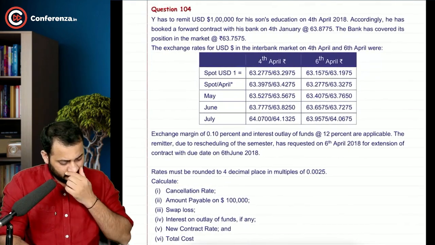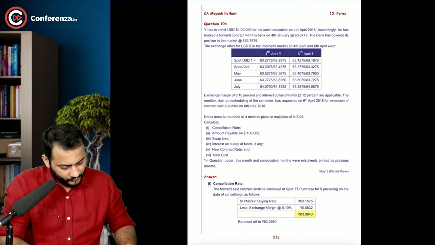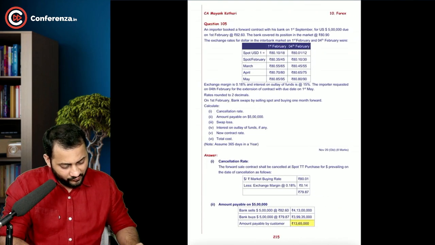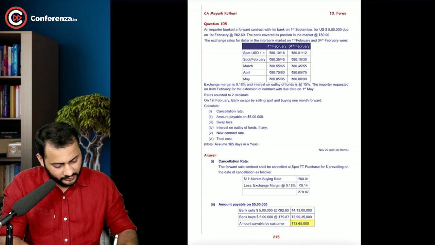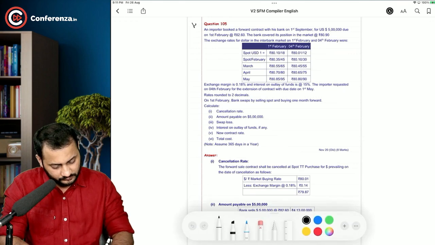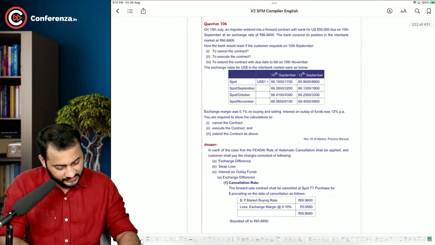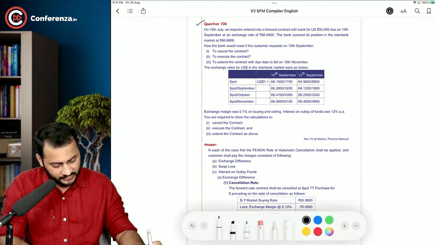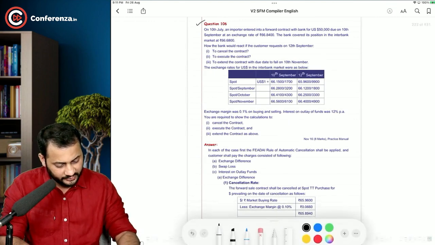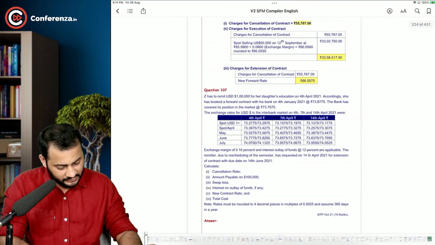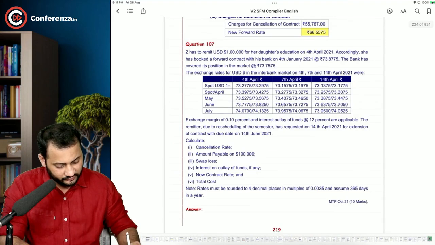Question number 104. 5 will be your homework. It's similar to 104. 6 will be done by us in the class because it has 3 different things. 7 can be taken. I think we can take 7 instead of 4.